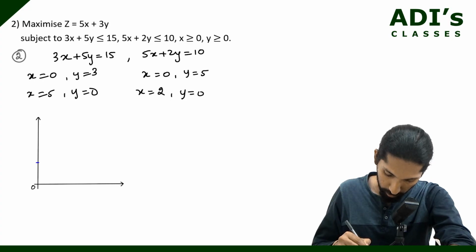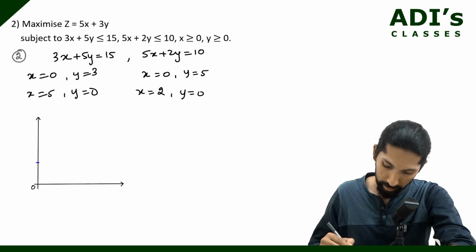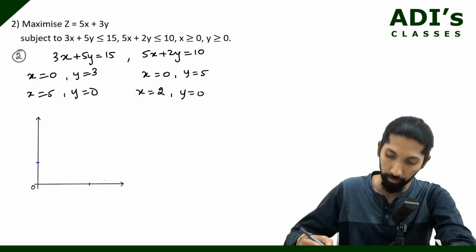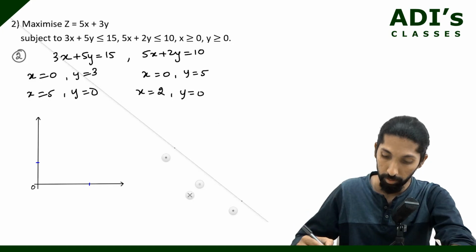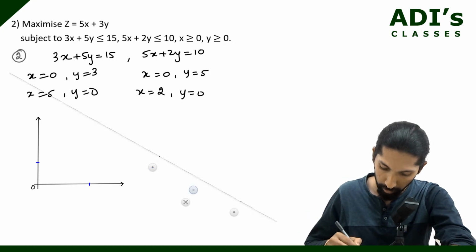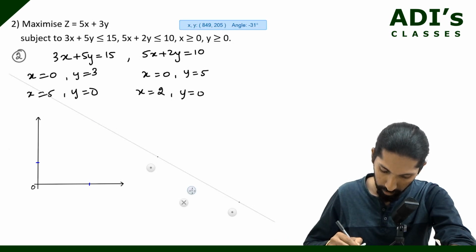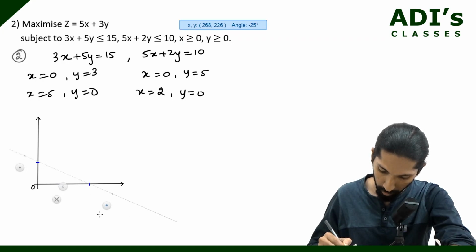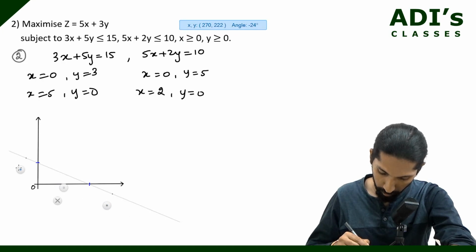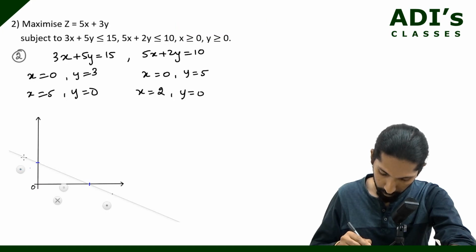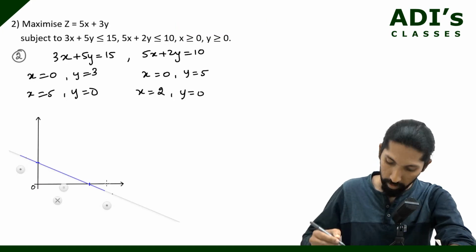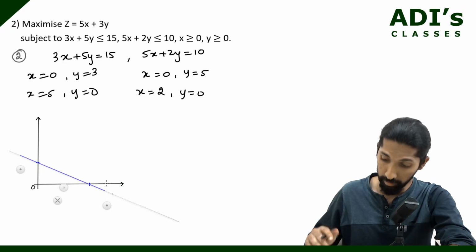When x is 5, y is 0, correct? So the first line, we start from this point and we go all the way till here. See, this is the first line, isn't it?